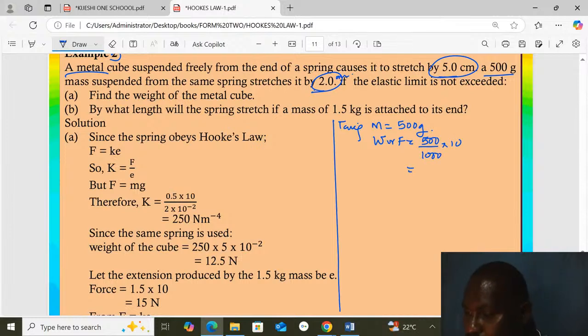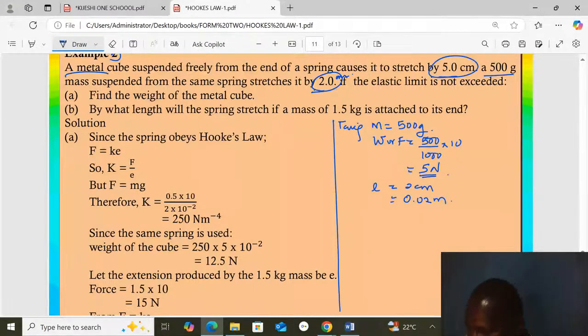This is going to lead us to 0.5, sorry, 5 newtons. Therefore, our extension here is 2 centimeters, which in SI unit is 0.02 meters.